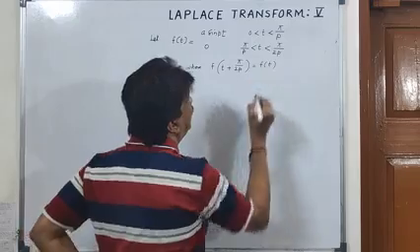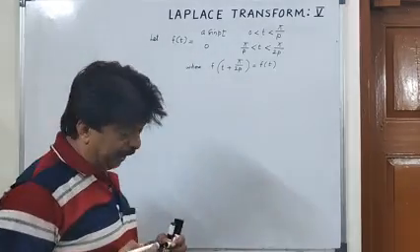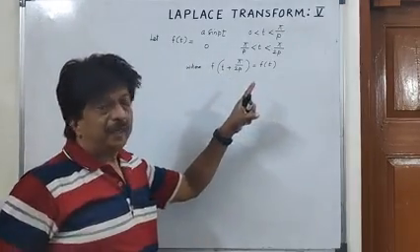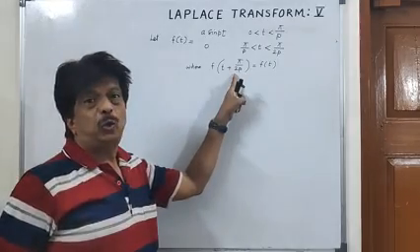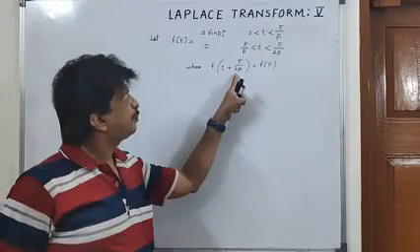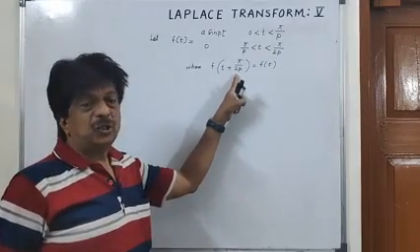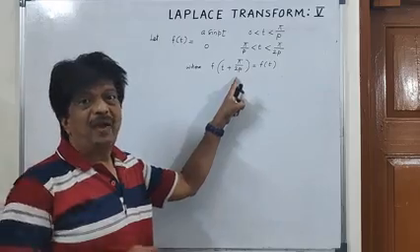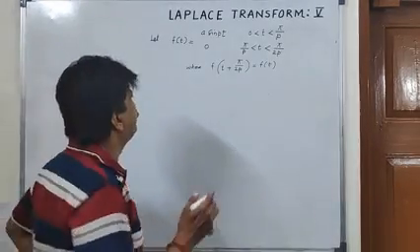What does it mean? This given function f of t is periodic, whose period is 2 pi by p. This function is also called a half wave rectifier.